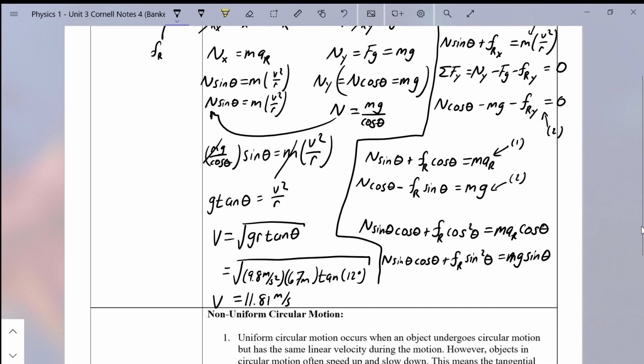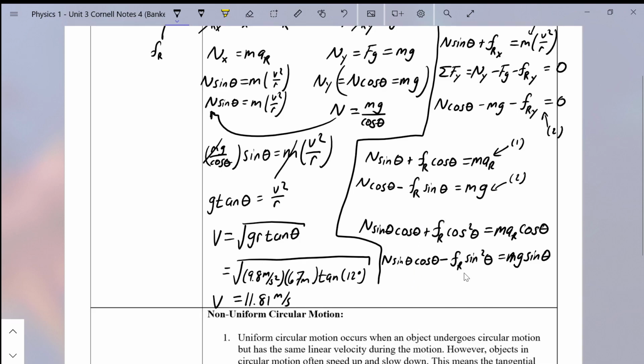So why would I do this? Well, there's some things you can maybe notice. Also, maybe you notice I made a mistake. This should be negative. You might notice that this n sine theta cosine theta term is present in both of these equations. So if I subtract them, that term goes away.